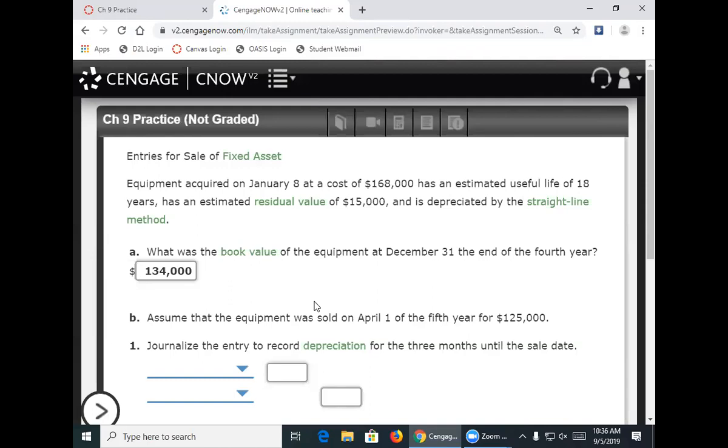Before the 15th is the beginning, and after the 15th counts as that month. If we had sold it on April 16th, we would count April as a month of ownership, so we would do 4 months. I would say the 1st through the 15th we would not count it, and anything from the 16th beyond we would.